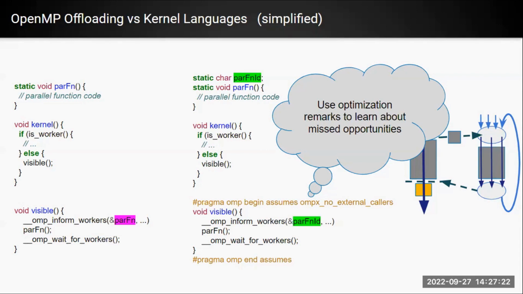And one of those that we use is ompx, like an extension to the OpenMP fixed assumptions, no external callers, and it effectively just tells the compiler, hey, no one else is going to call this from the outside. So all the callers are actually internal. You could deal with it in different ways. It's just an example. If you use LTO, you will for sure never use this. But it's just one example of assumptions.